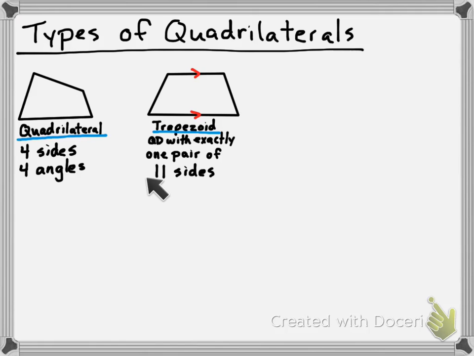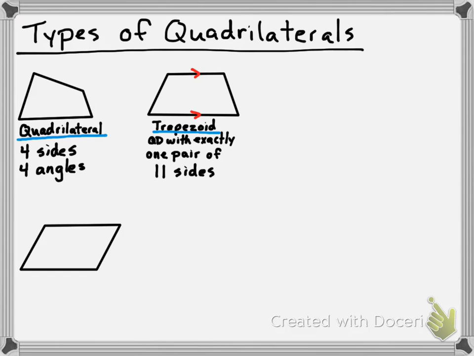And this is the symbol for parallel. This is not the number 11. This says one pair of parallel sides. So a trapezoid, this shape would be a quadrilateral and a trapezoid, because a trapezoid is a quadrilateral. But a trapezoid is a quadrilateral that has a pair of parallel sides.